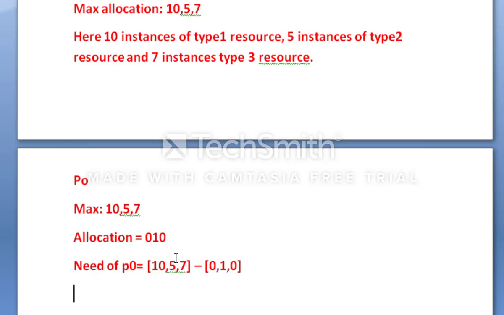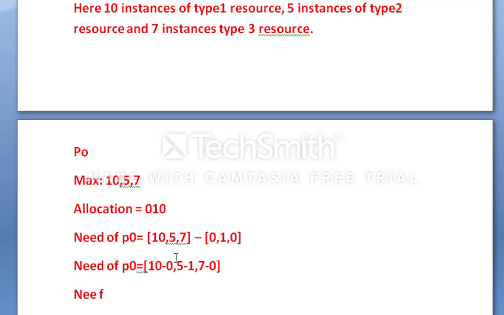So the process still has a need for complete execution, so the need of process P0 is 10 minus 0, 5 minus 1, 7 minus 0, which equals 10, 4, 7.